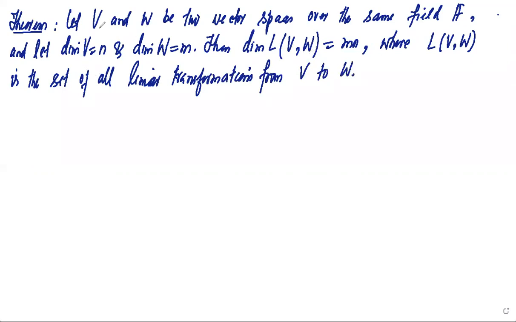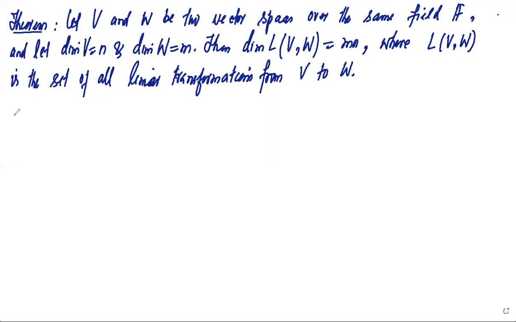Now here V has dimension equal to n, and W has dimension equal to m. Then the dimension of the set of all linear transformations from V into W is the product of the dimensions of these individual vector spaces.